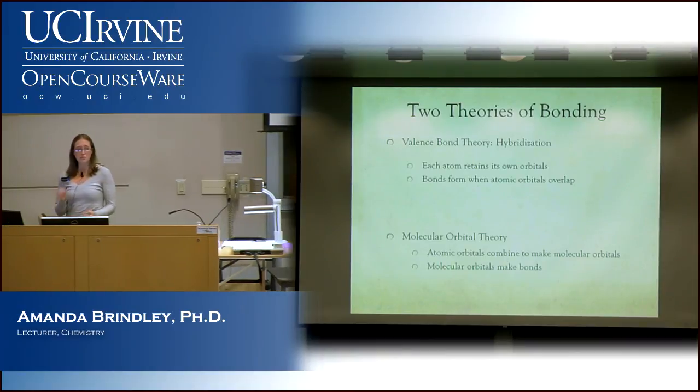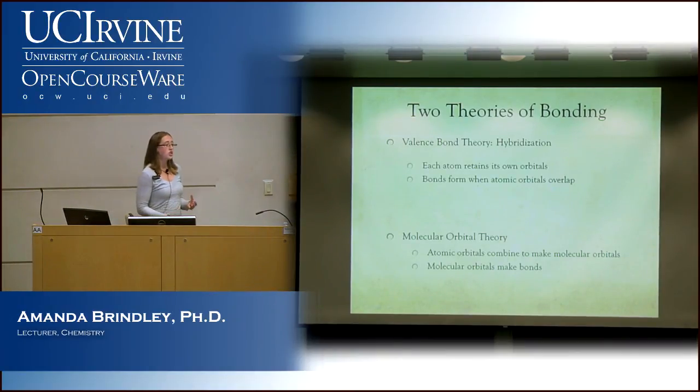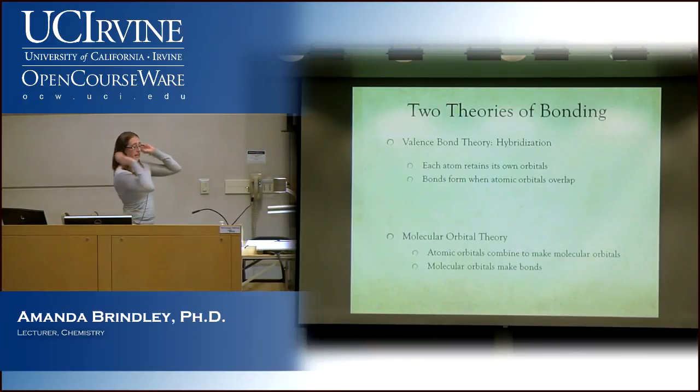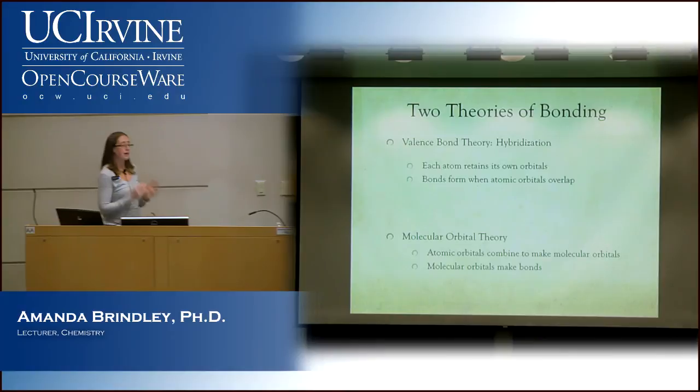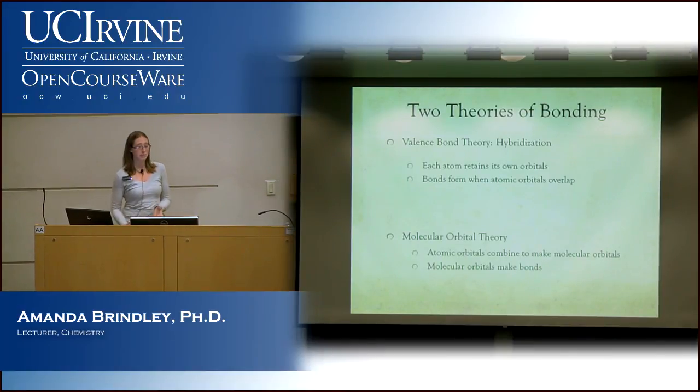MO theory is a little bit better at predicting things, but it's very, very complicated. So with MO theory, I'm going to sort of say, hey, the computer said this, and show you some pictures and explain to you why. But MO theory becomes very complex very quickly. We'll only make it up to second row diatomics in this class with MO theory. With valence bond theory, we'll start looking at large drug molecules fairly quickly because it just expands out really nicely.